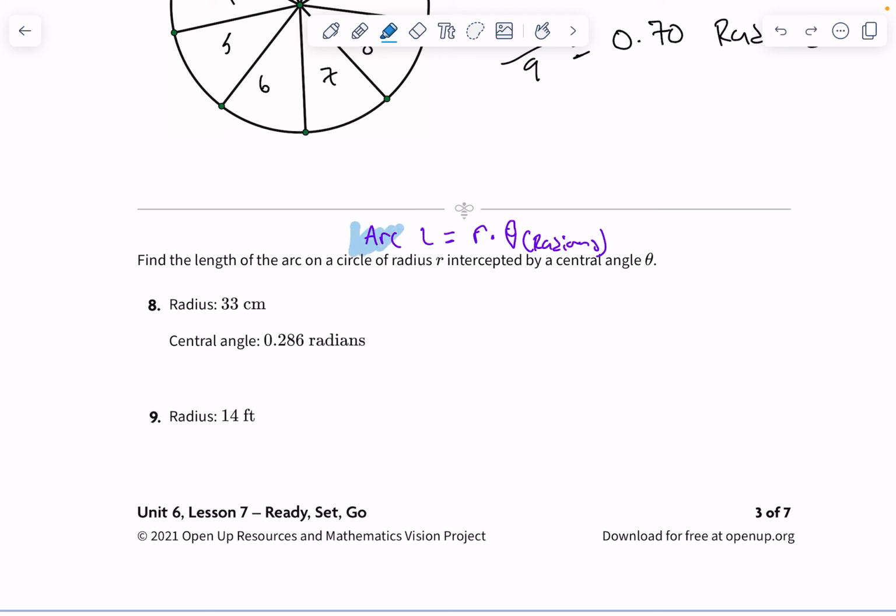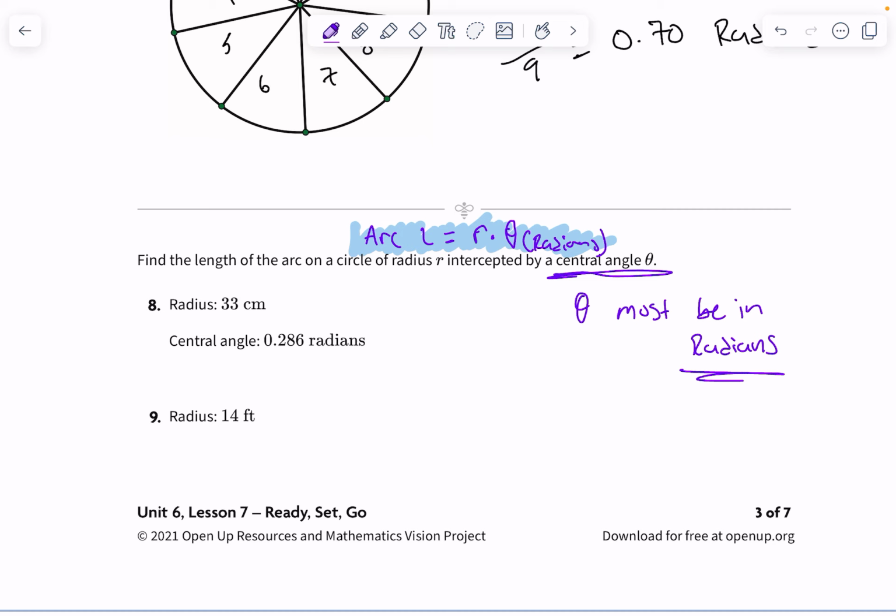I would be really familiar with this, and understand that the central angle theta must be in radians. I cannot stress that enough. Theta has to be in radians. You cannot multiply it by a degree.